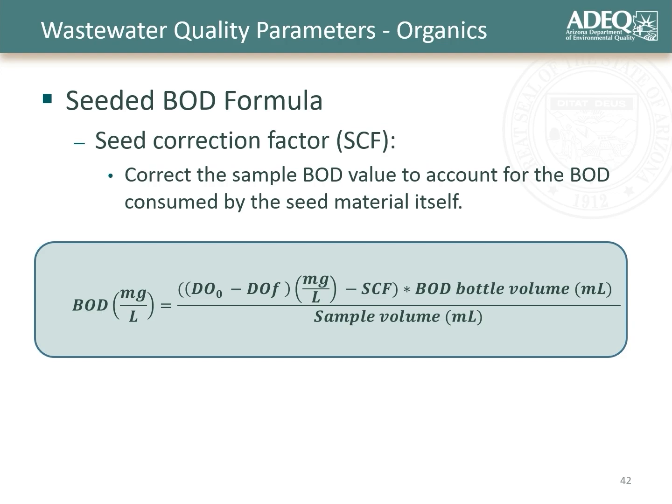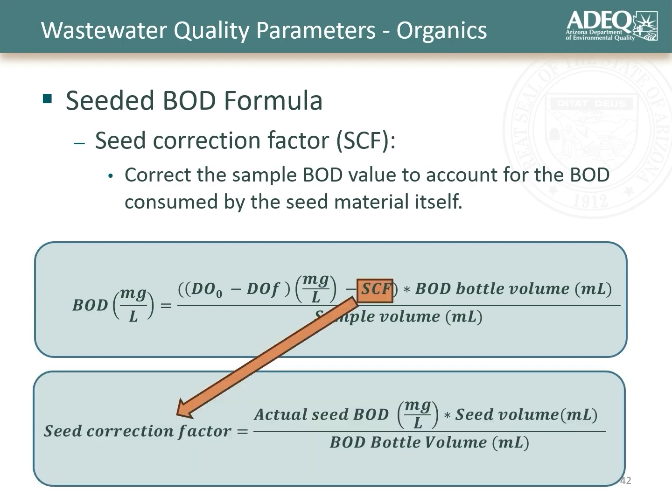You take the difference between the DO initial minus DO final and subtract from that what we call the seed correction factor. Without going too detailed into this, you can look at the equation below. It effectively accounts for how much BOD the seed has, and it accounts for the fact that it's been diluted a couple of times. That's what your seed correction factor is. It just removes the DO depletion that would have been caused by the seed being added.